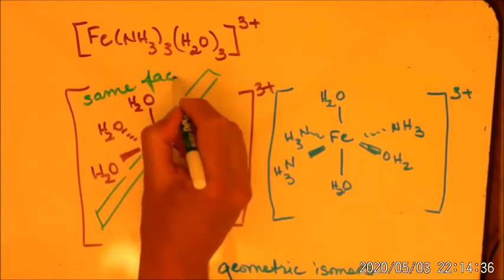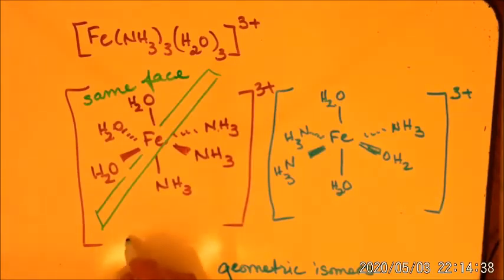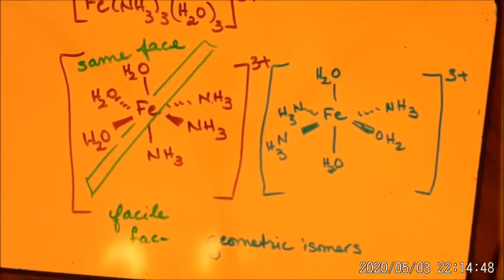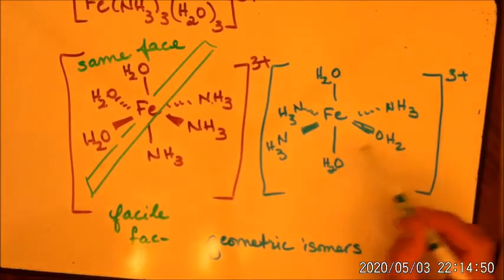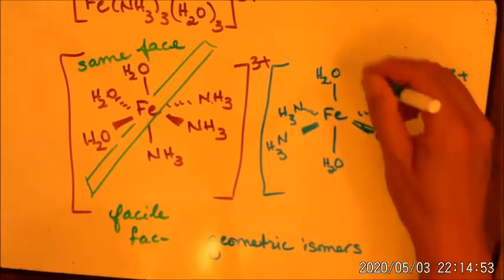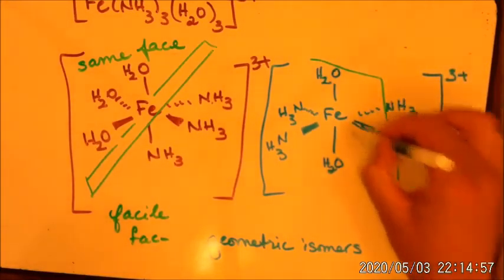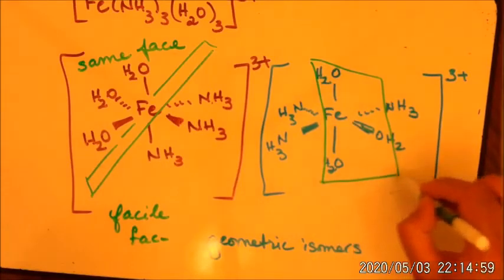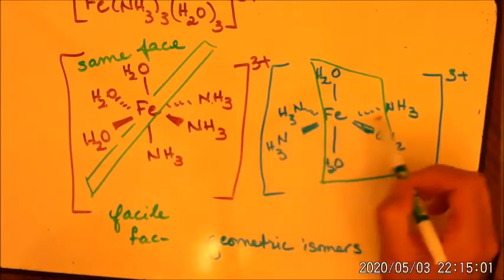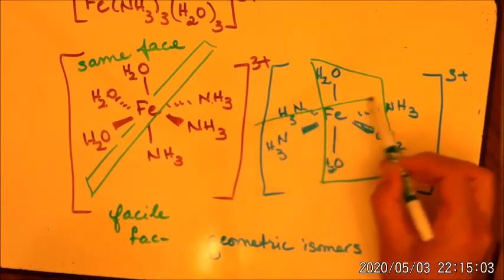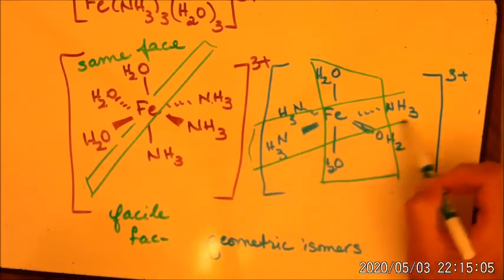And so this is facial, or we abbreviate it fac. This other isomer is different because if you look at the waters, they're on the same plane here, and look at my ammonias, they're on the plane 90 degrees from it.